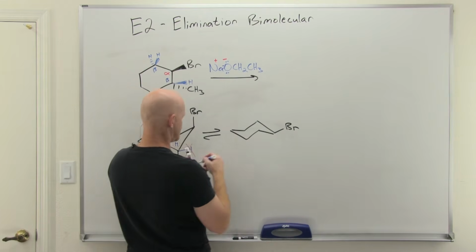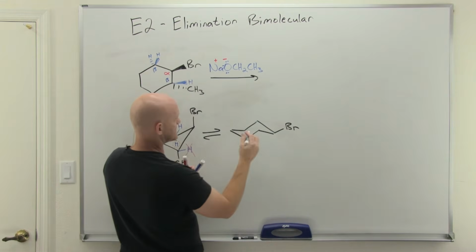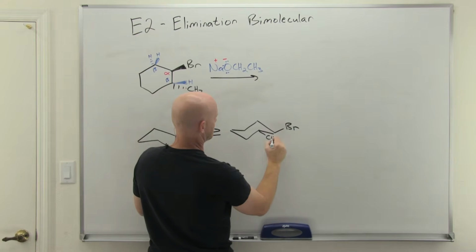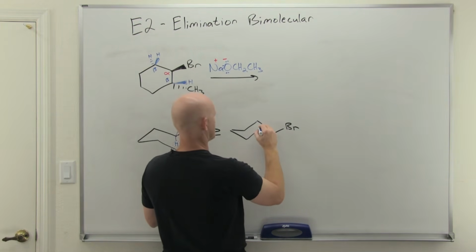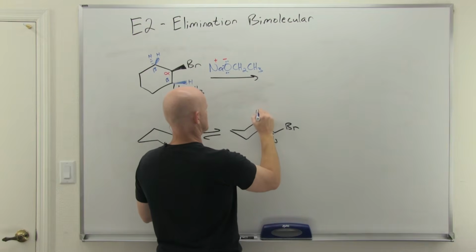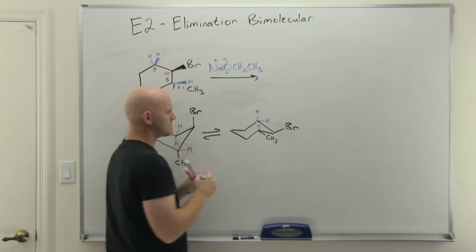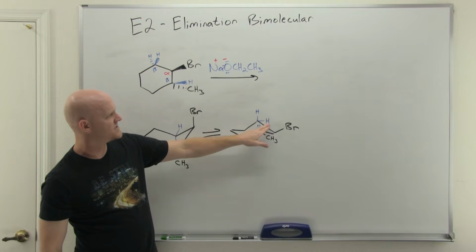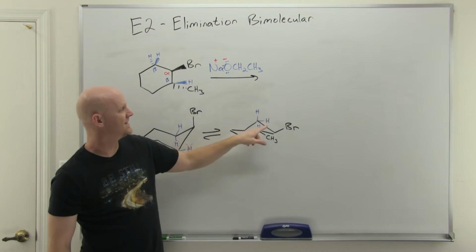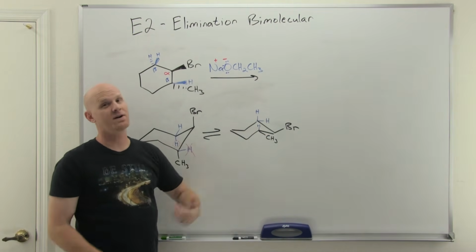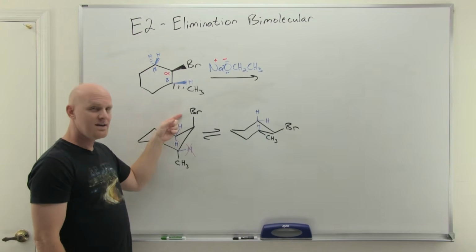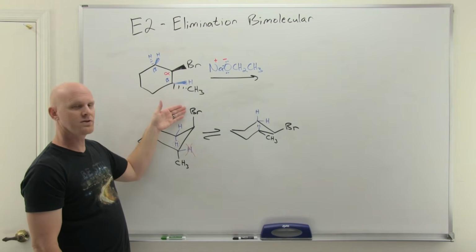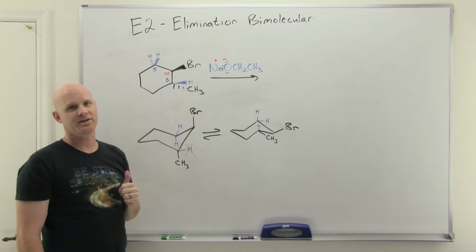And on the adjacent carbon, let's get that methyl in first, and draw in the relevant hydrogens. So, here's that trans hydrogen here, but when they're equatorial, they don't point 180 degrees apart, and the reaction can't happen. And so we've got this equilibrium going. We need this conformation with the leaving group axial for the reaction to actually happen.